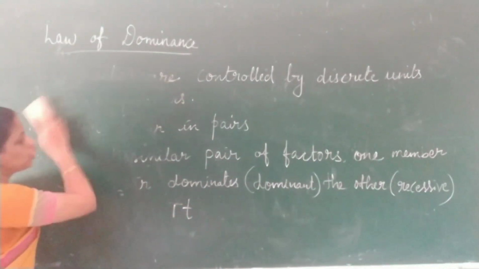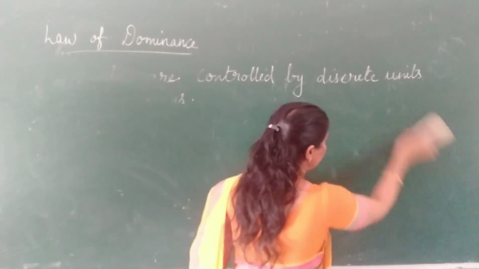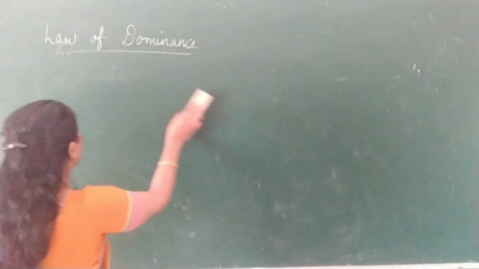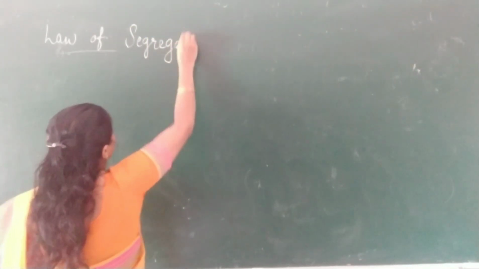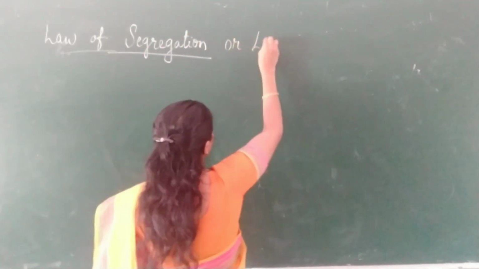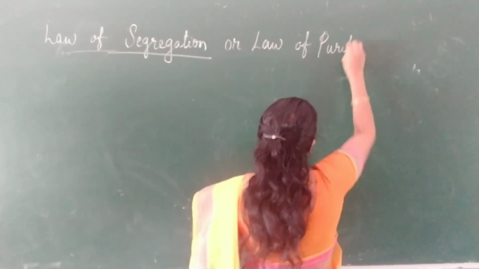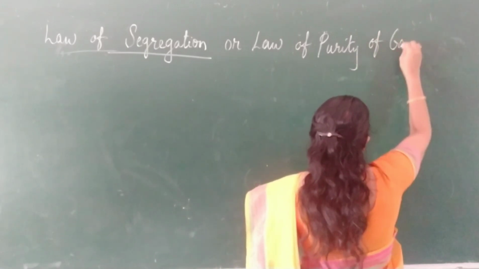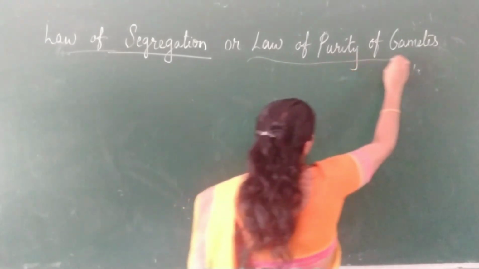Now let's see the next law, that is law of segregation, also called law of purity of gametes. Now, what does this law state?